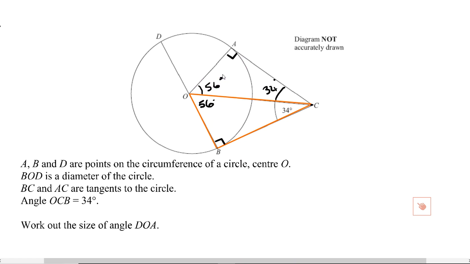And then this is the last bit that has to add up to 180. So both of these together make 112 degrees, so this must be 68 degrees. So step by step, we get there. That makes sense to everyone? Yes.